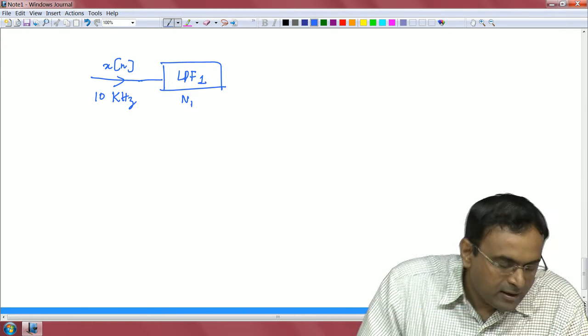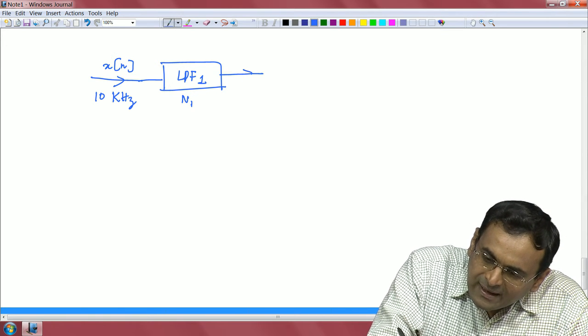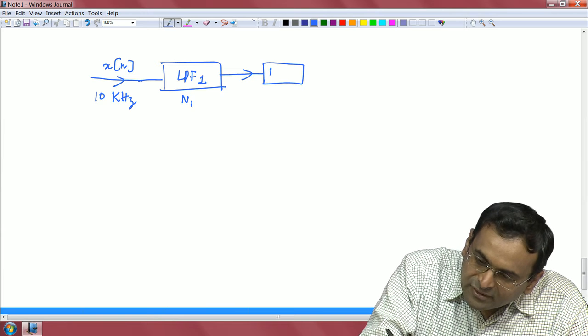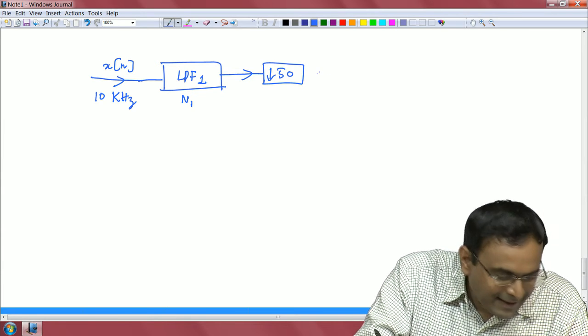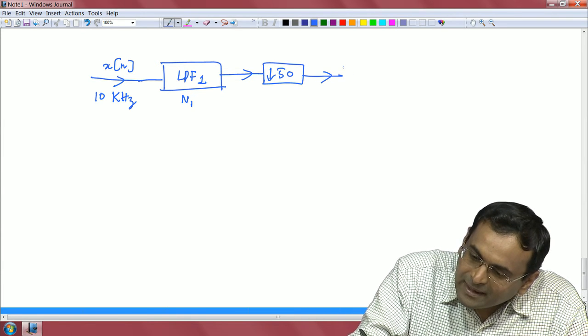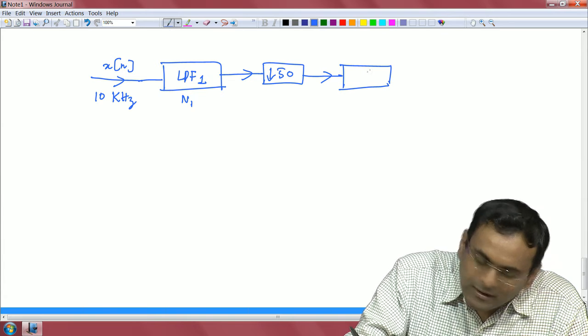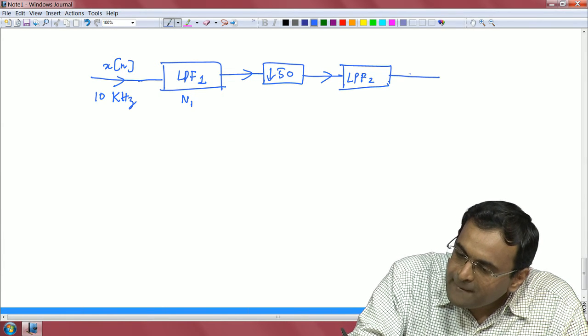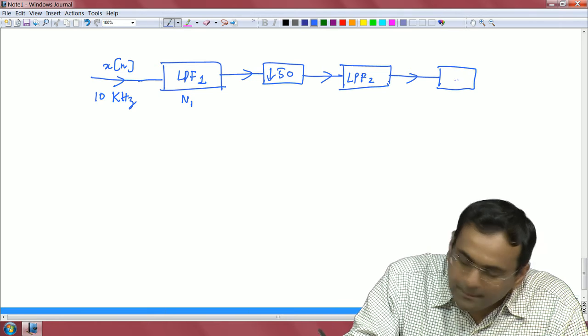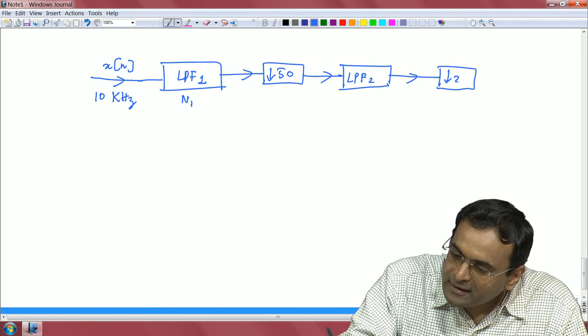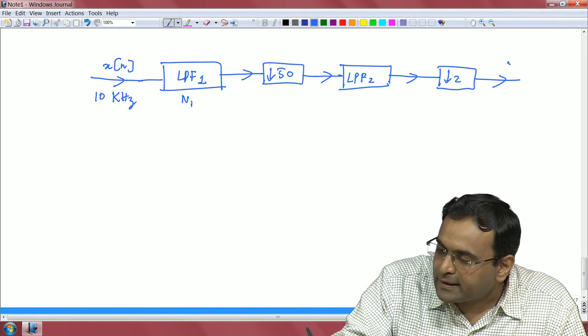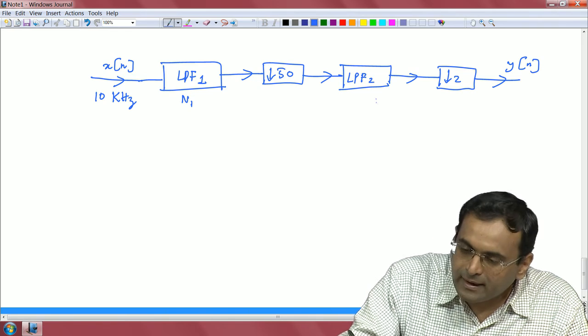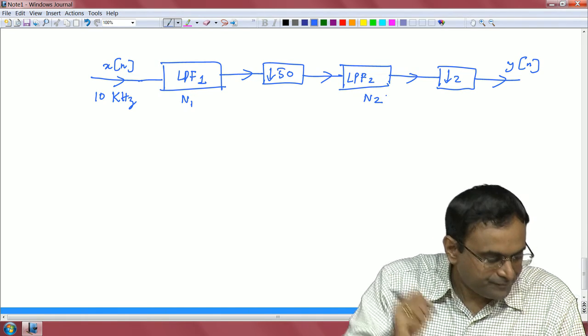So, in the first stage, let me downsample this by 50, then I take this to another low pass filter 2, then I downsample this by a rate 2 and then I get y of n, and let us say this order is n2.